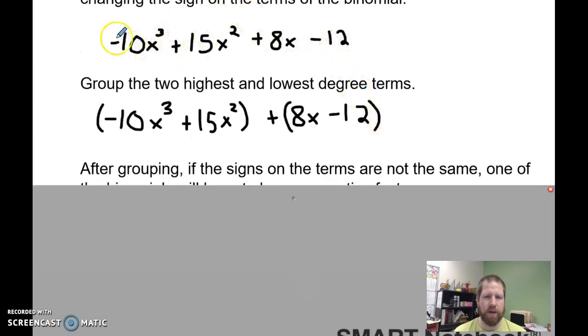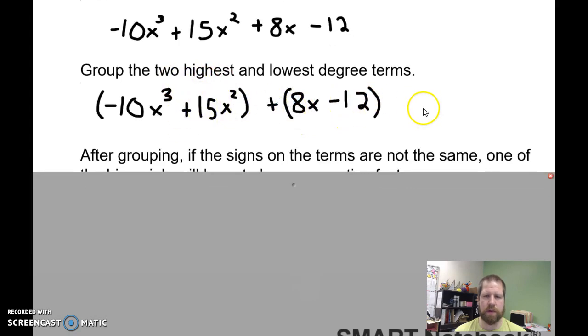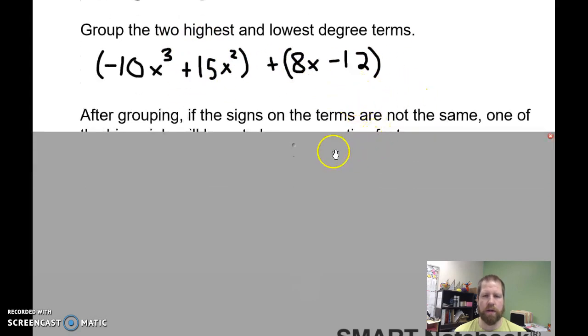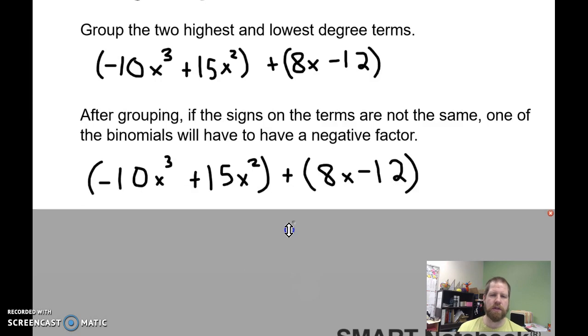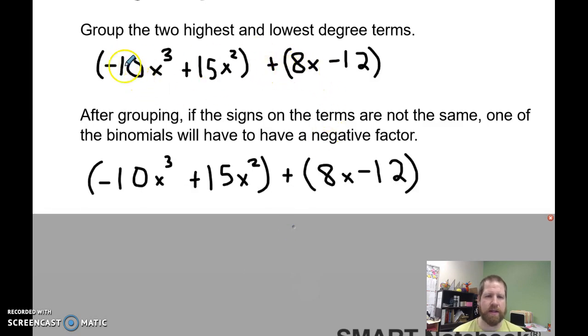Alright, so we've got our binomial. We're going to group it just like normal. And what you will notice when you group it is that the higher degree term here, the 10x cubed, has a negative on it, but the higher degree term here in our second binomial, 8x, does not have a negative.